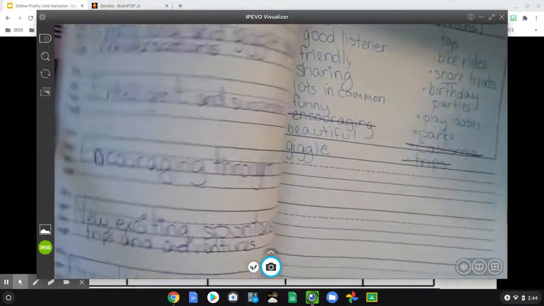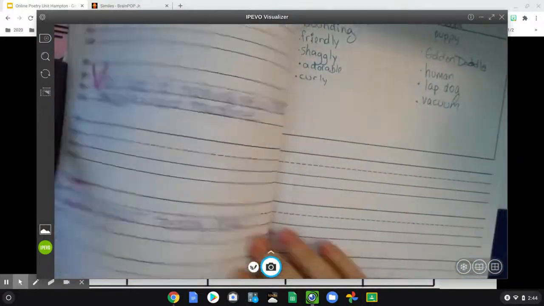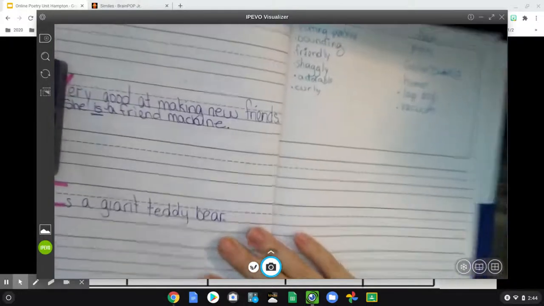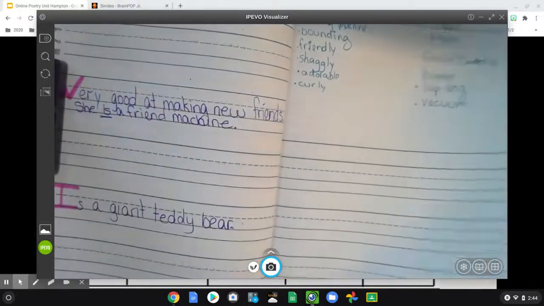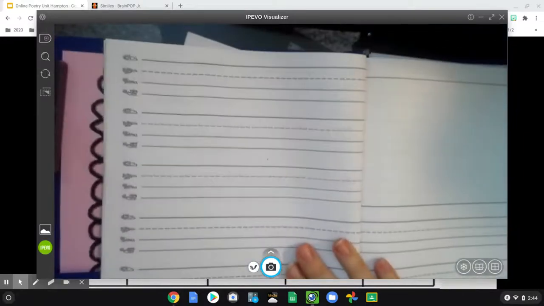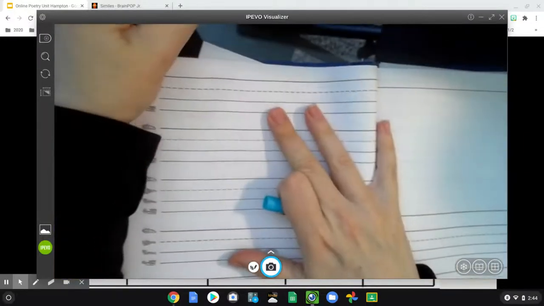And today, Mavs, we are just going to turn to the page that we were at from the other day. Okay. I'm going to turn to my first clean paper here. And at the top, I'm going to write a simile.